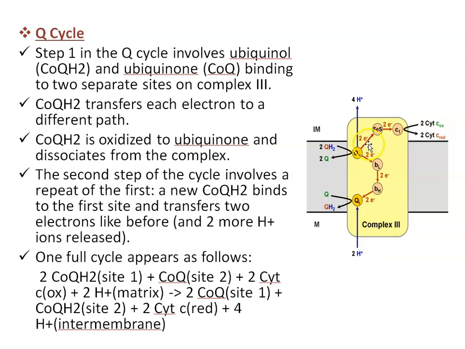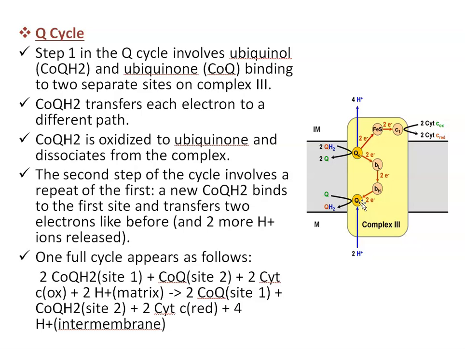One electron goes to iron sulfur and then to cytochrome C, while the second electron transfers to cytochrome B and then to Q, bound at the other site. While this occurs, two protons are released into the intermembrane space, contributing to the proton gradient.